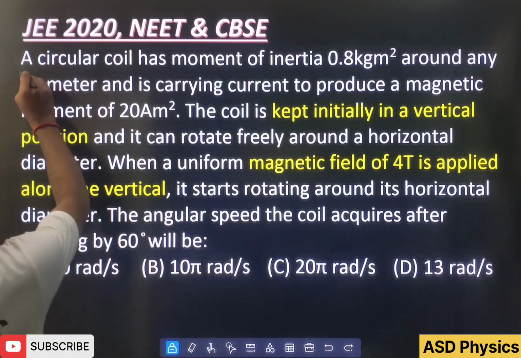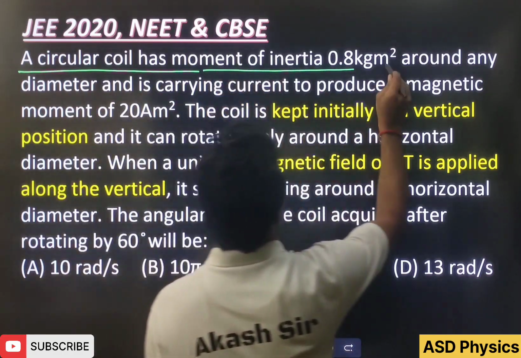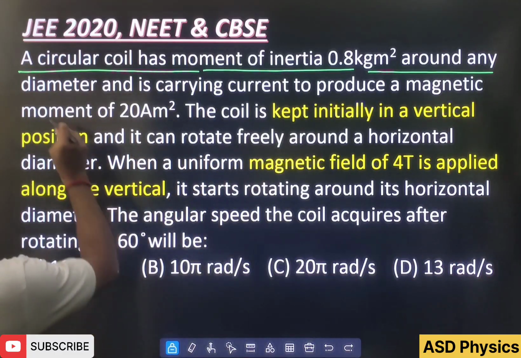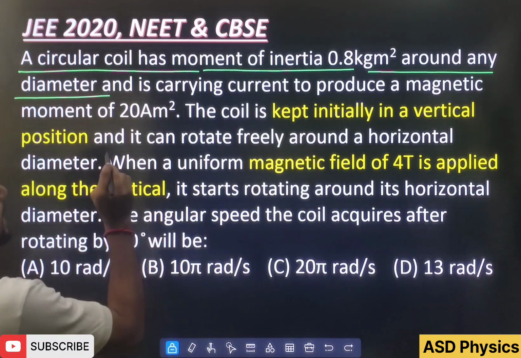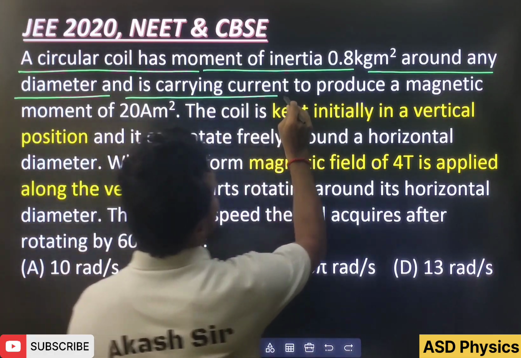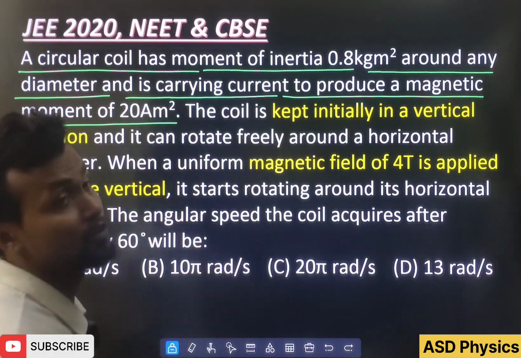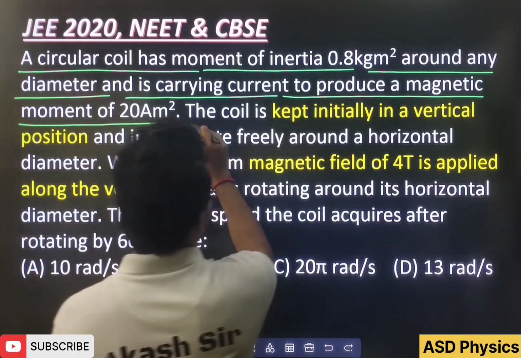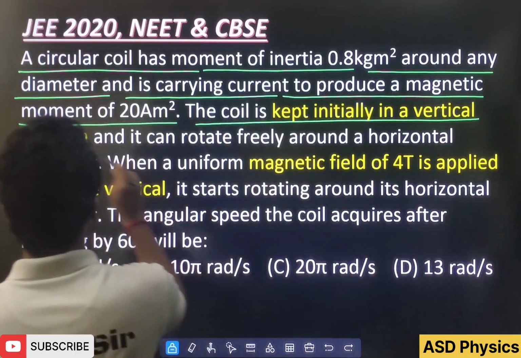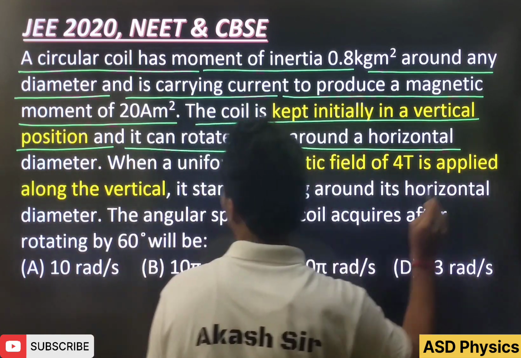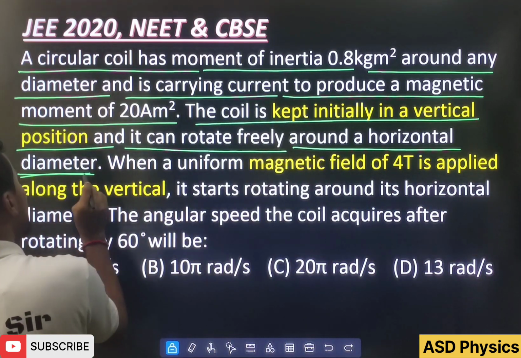Very good question. The question is: a circular coil has a moment of inertia 0.8 kilogram meter square around any diameter and is carrying current to produce a magnetic moment of 20 ampere meter square. The coil is kept initially in a vertical position and it can rotate freely around a horizontal diameter.